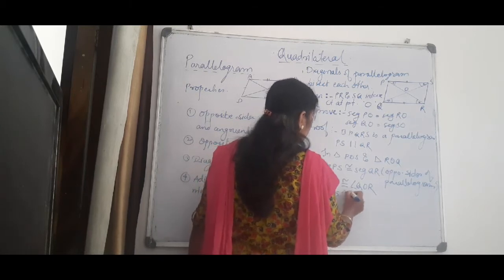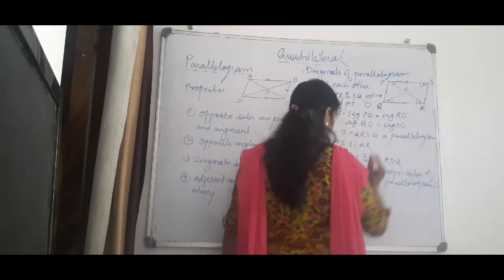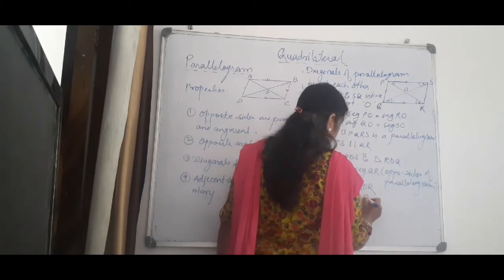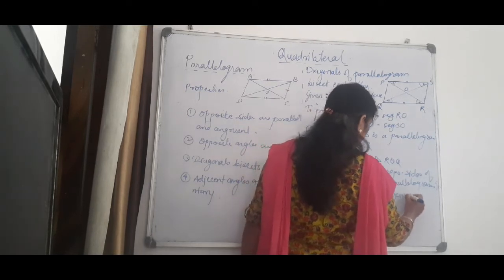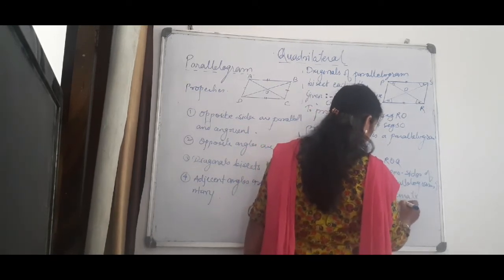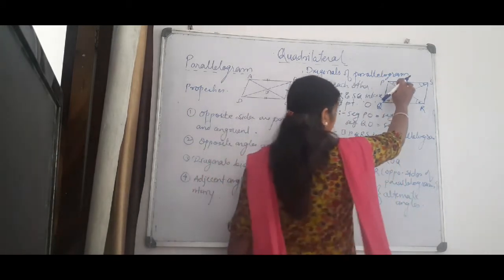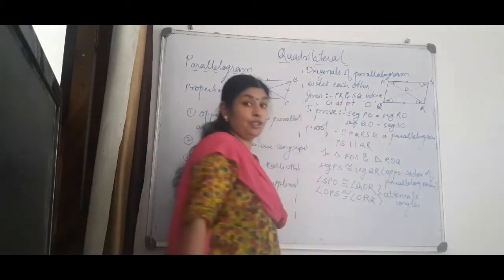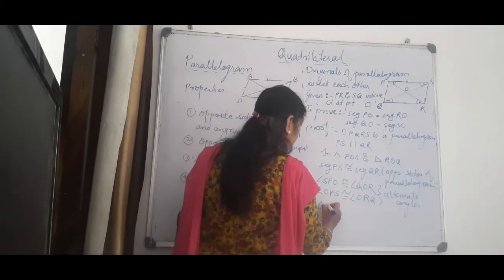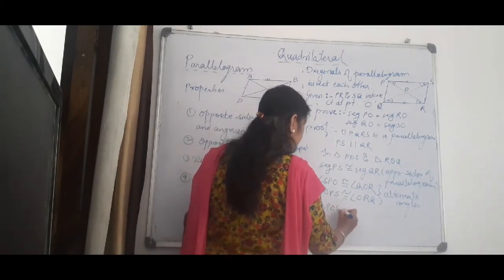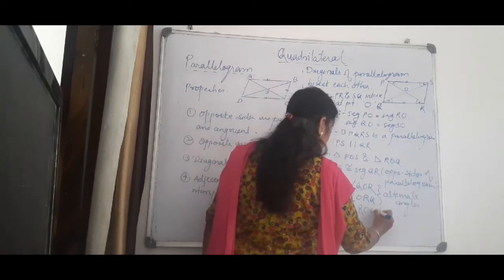Angle OPS is congruent to angle ORQ. What is the reason? Alternate angles. And therefore which test is applicable here? ASA. And therefore triangle POS is congruent to triangle ROQ.